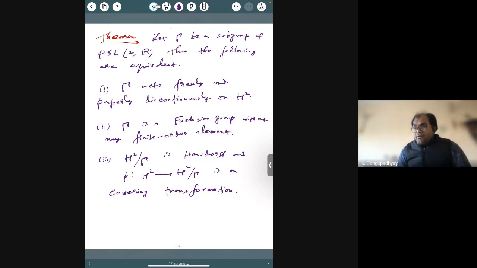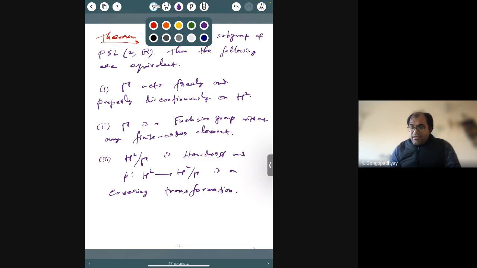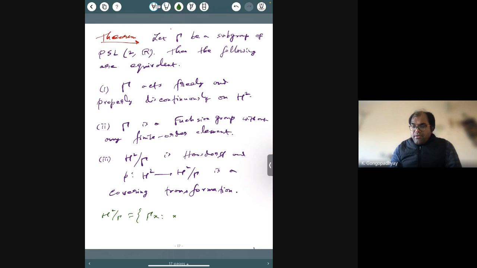And this is important information. Now, what is a covering transformation? I will not say that. But what is H2 mod gamma? Let me just say this. So H2 mod gamma is the orbit space. Okay. So it is gamma of X.